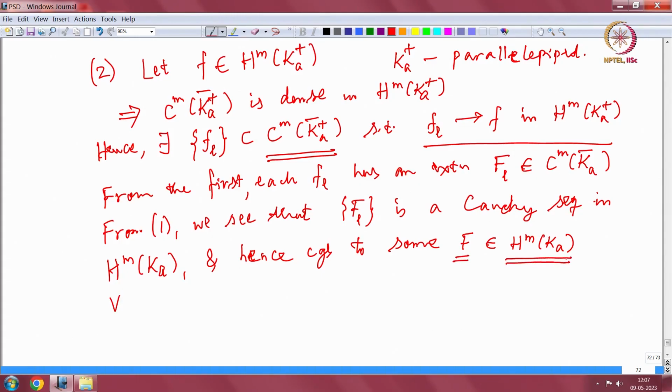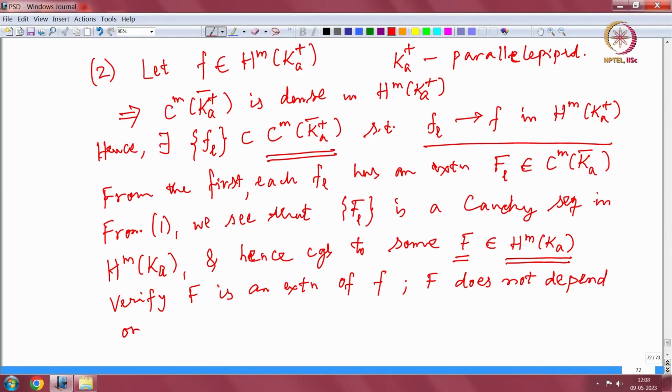Okay. So, verify F is an extension of f, okay, and F does not depend on a particular sequence, this is important. So, all the time we do that, it does not depend on FL.